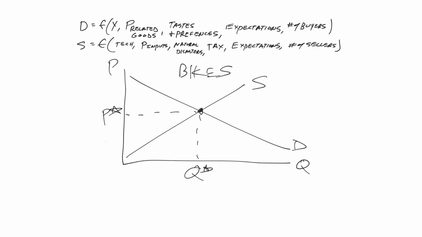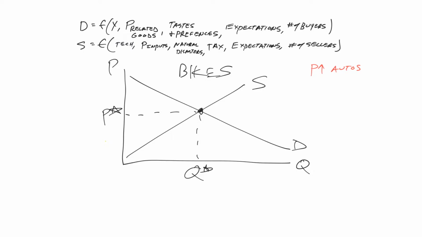All right, so let's say that there is an increase in the price of automobiles. Okay, so the price goes up for automobiles. How will that affect the equilibrium price and quantity of bicycles?